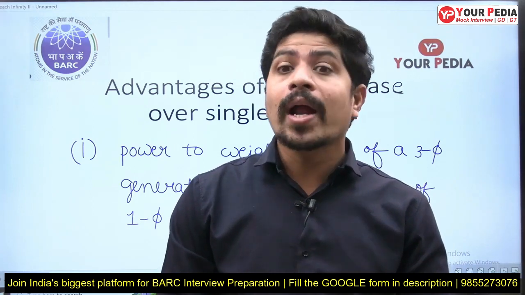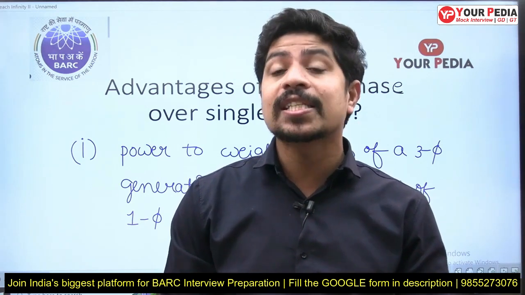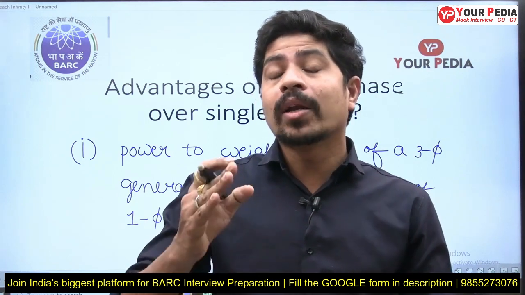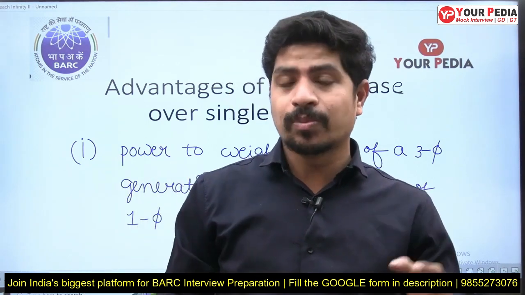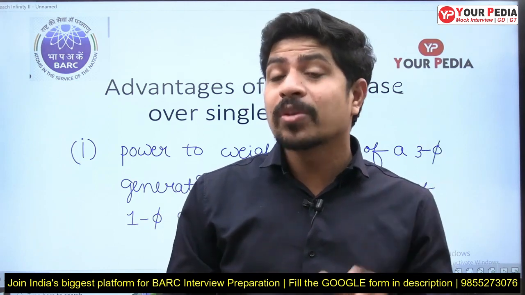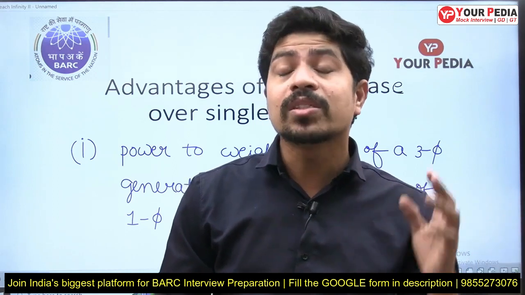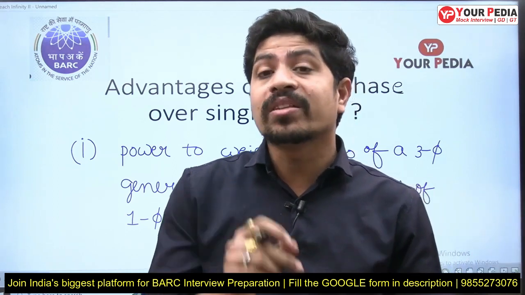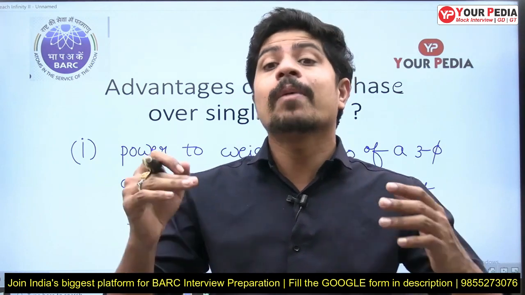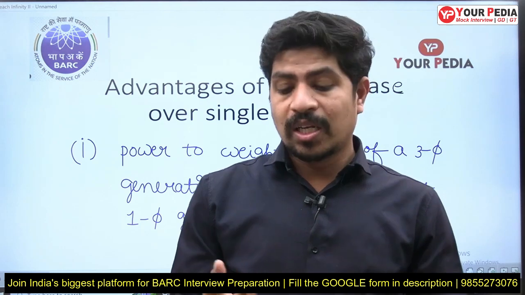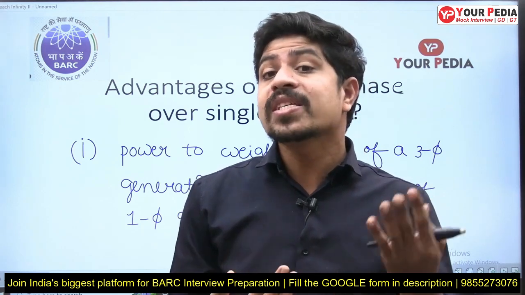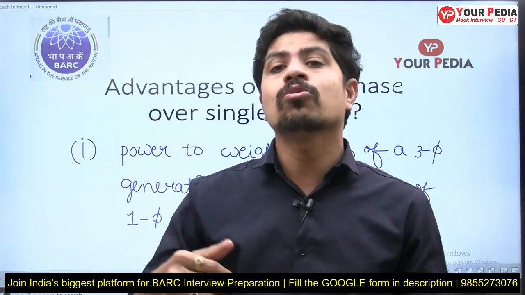The copper required for the single phase machine is 33% more when compared to the three phase machine. Suppose a three phase machine takes 100 kg of copper, for example, then the single phase machine requires 133.33 kg of copper for the same 100 watts of power delivery. So the weight or copper requirement of the single phase machine for the same power is more when compared to the three phase machine.